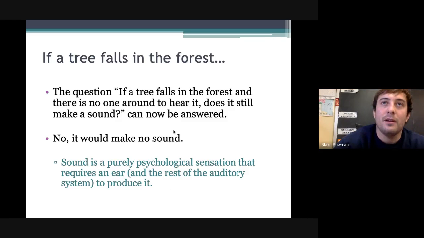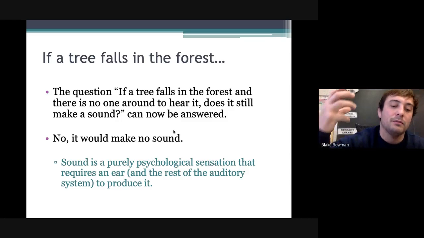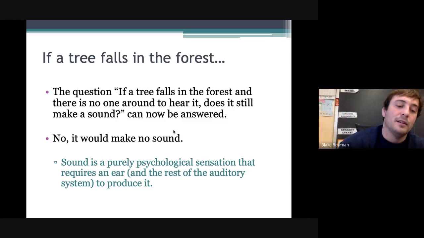Sound is only a perception. It is a sensation, and if we're not present there to witness it, or hear the sound happening, then no, it doesn't make a sound. So sound is only a perception that our brain understands. I think that's kind of interesting to think about.